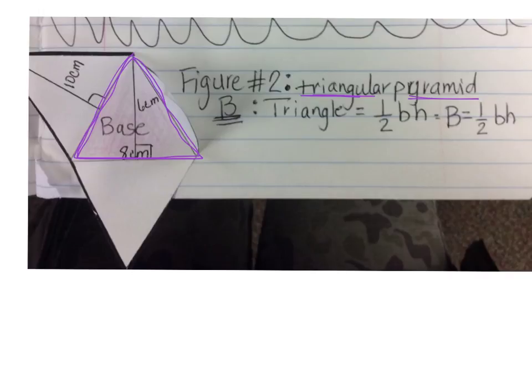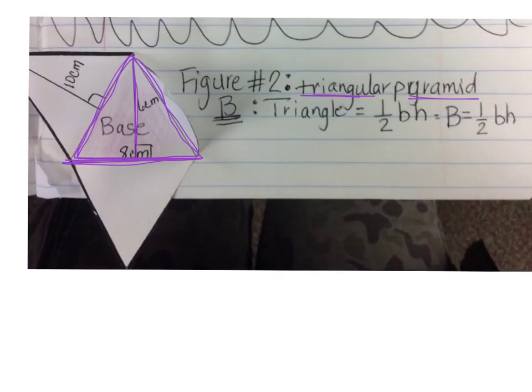Figure number 2 is a triangular pyramid. The capital B, or the shape of the base, is a triangle. To find the area of a triangle, remember it's 1/2 times base times height, and that's of the base. So 1/2 times the base times the height of that triangle would give you your capital B.